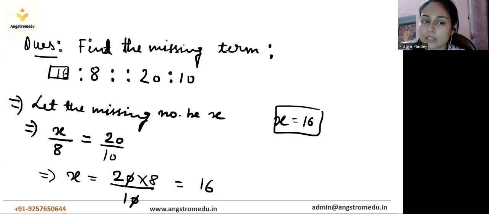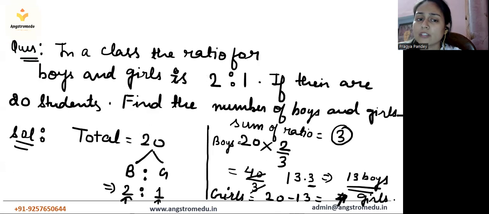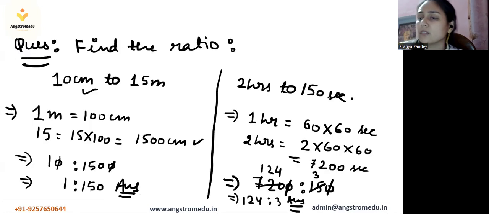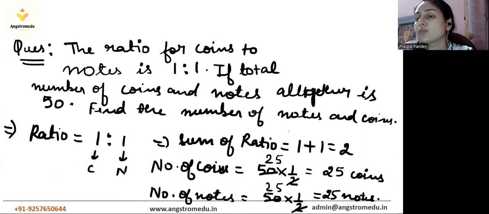After that, we solved a few more questions using the same concept of converting quantities into the same unit and then finding the ratio. Lastly, we found the number of coins and the number of notes when a particular ratio is given.